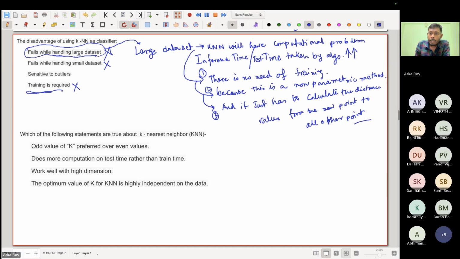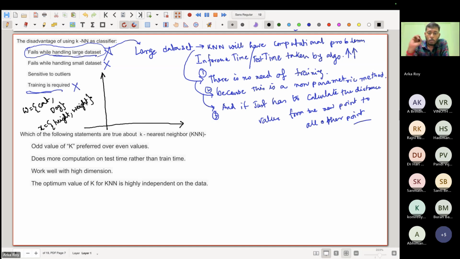Can anyone of you tell me what an outlier is? Okay, let me give you the answer in a pictorial form.